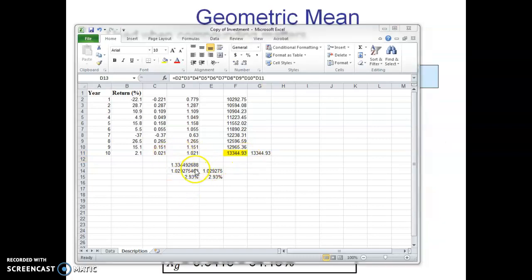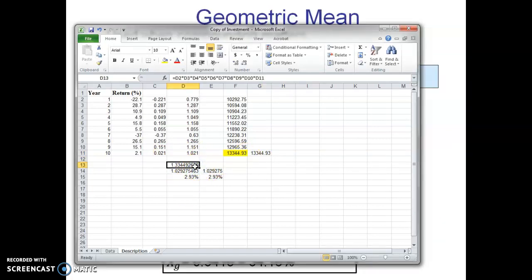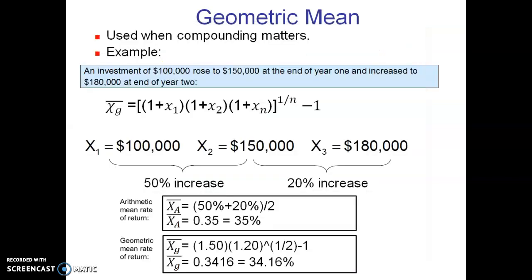This number here is part of what we use to eventually get to the 2.93% geometric average growth rate. So we're just backing up a little bit. And mathematically, what we're backing up to is just this part of the formula right here. Okay? So this part of the formula is a multiplier.